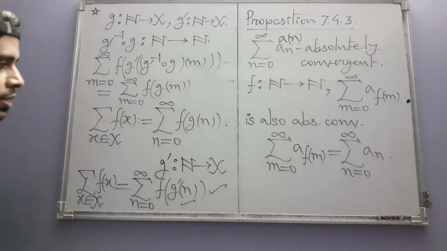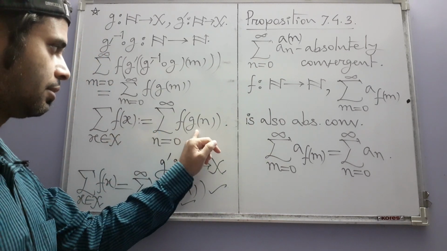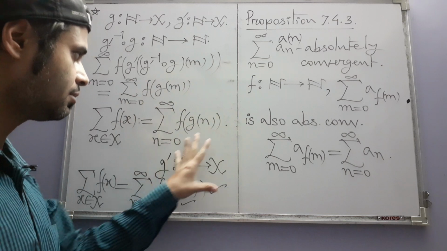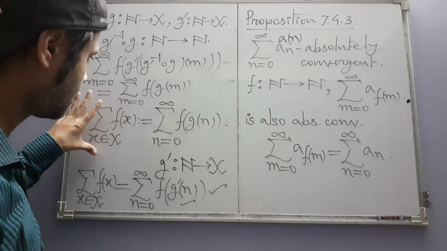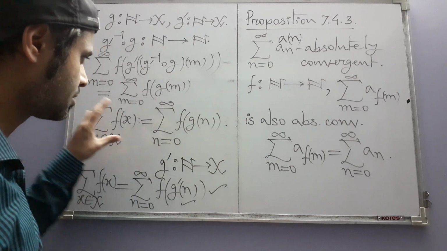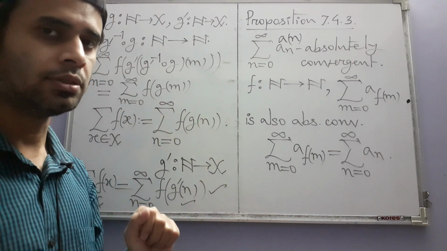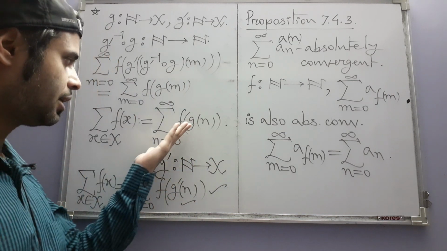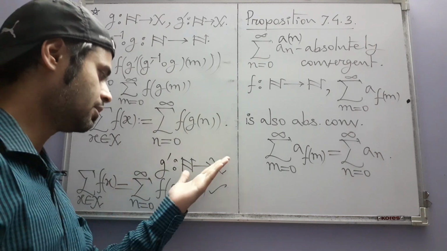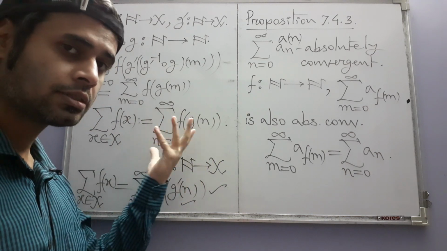So that's how, in spite of having this g in the definition giving you the actual value of this infinite sum, the sum ultimately does not depend on g. In fact, you can now see that if you take any bijection in place of g, that is also going to give you the same value.